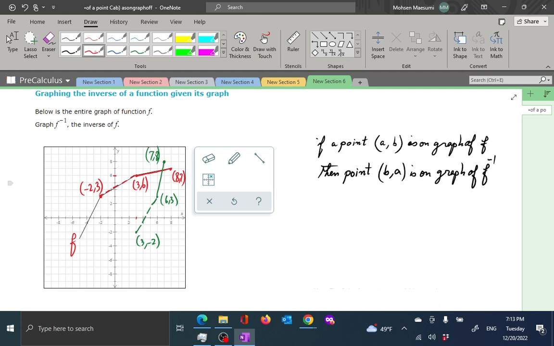Finally, this point here has coordinates that look like minus 5 and minus 3. If I flip them, I'm going to get minus 3 and minus 5, that's here, and okay, let's make this one a dotted line and do the same thing here.